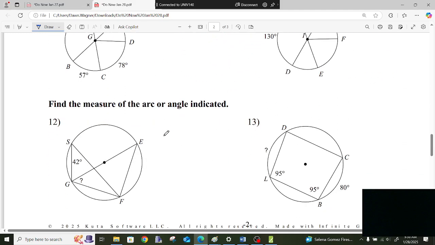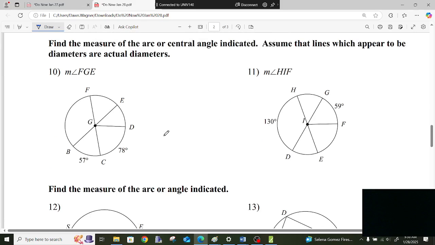And then I think this was the one we were doing yesterday, right? Okay, so here it says, find the measure of angle FGE, right here. FGE.